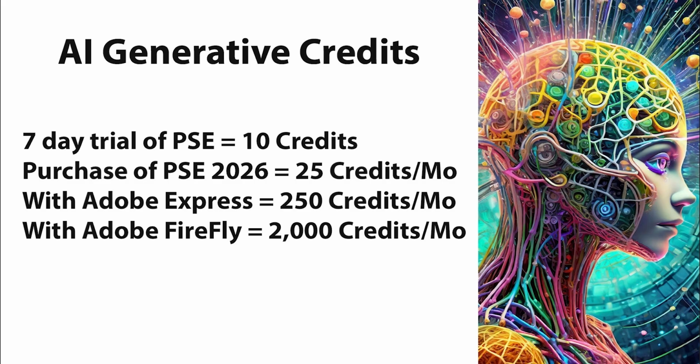The difference between Express and Firefly is purely for generative AI, for images and also for videos. Generating a video of any length will use more credits because there's more power involved. Adobe Express has less AI credits, but it comes with lots of premium templates for things like flyers, invitations.